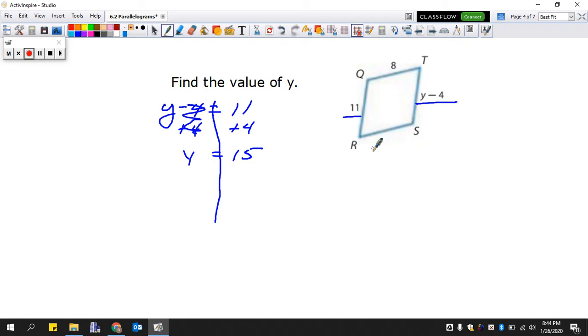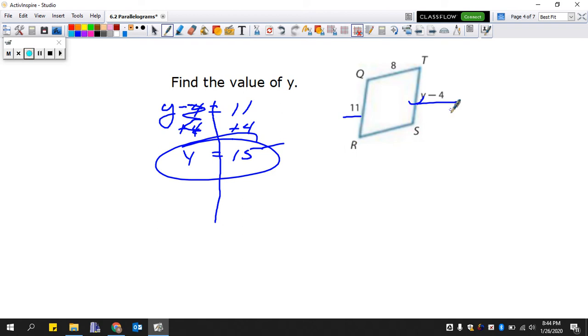Because when you plug in, we know it has to be equal: 15 minus 4 is equal to 11. So our value of y is 15. It's important to notice here that the side TS is not equal to 15. Side TS we know is equal to 11 because it's congruent to QR. But the value of y is equal to 15.